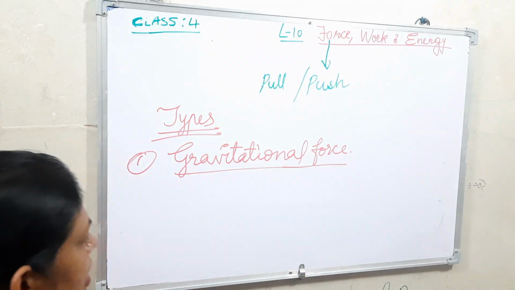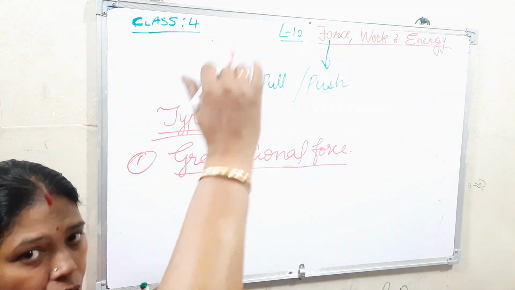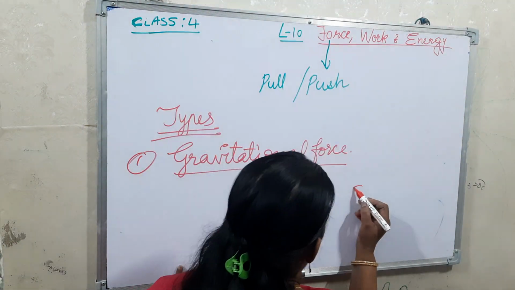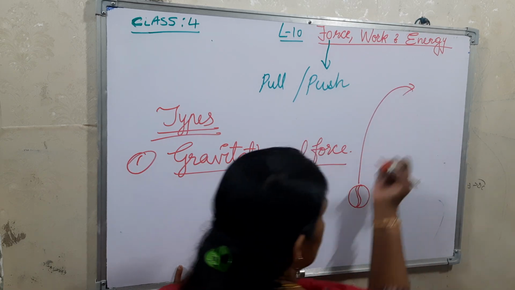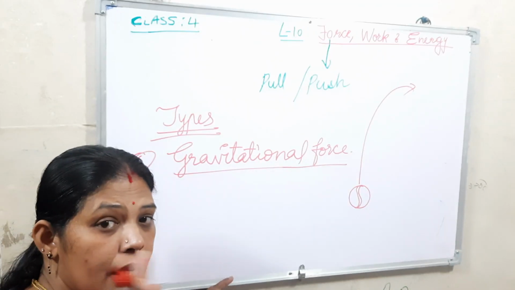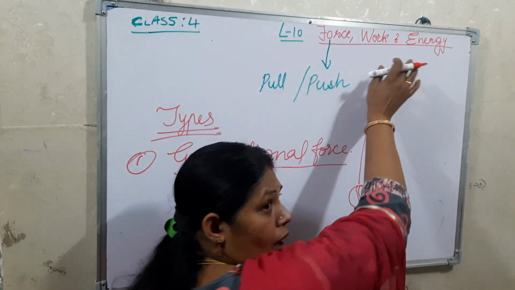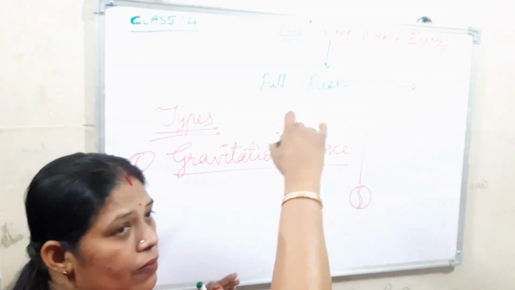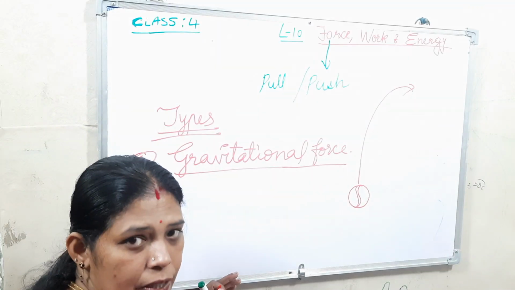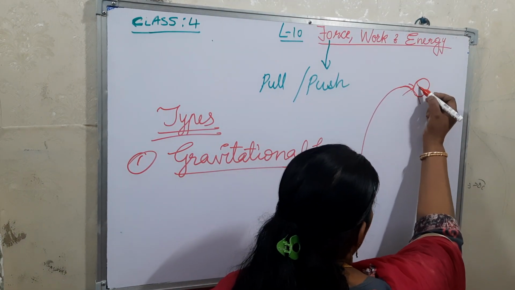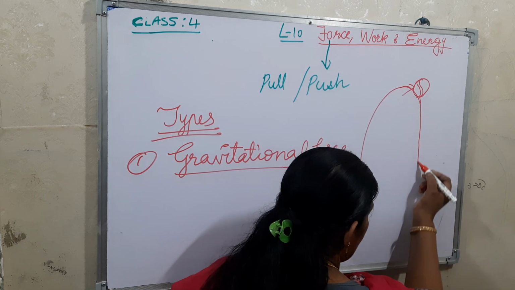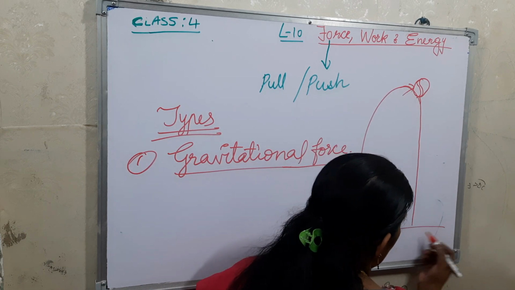The ball you are throwing up into the sky first goes up, right? Then at a certain height it reaches, and then slowly it comes back to the ground.